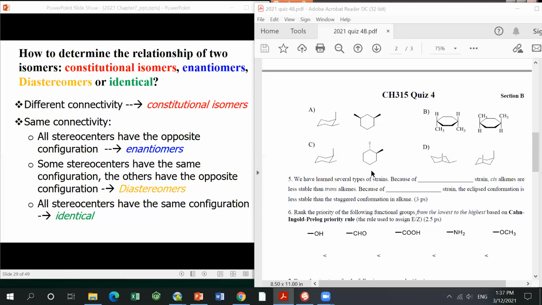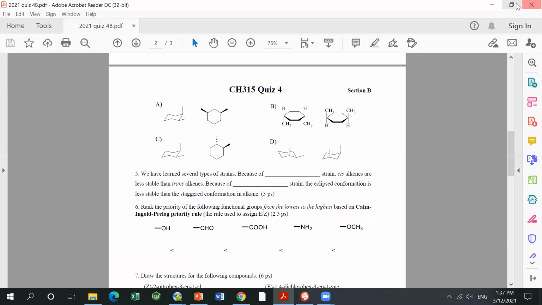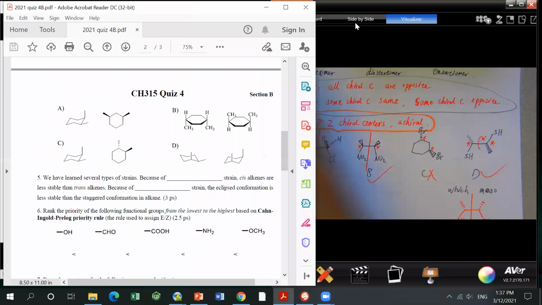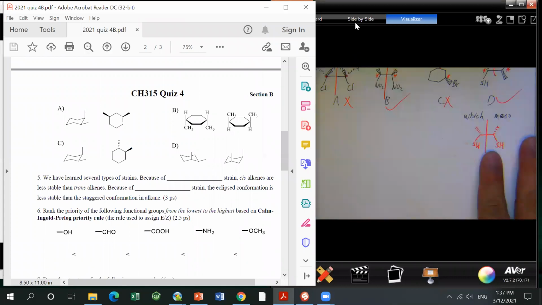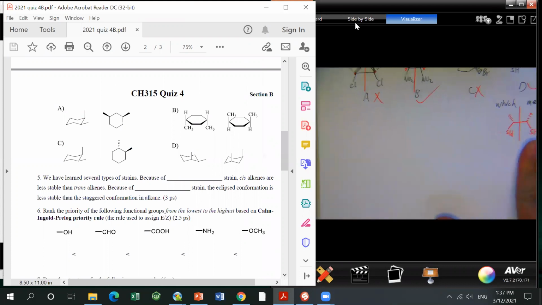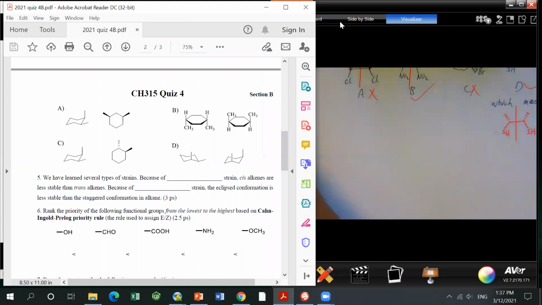How about C? What's the relationship between these two molecules? That's also a hard one. All right, pretty good.